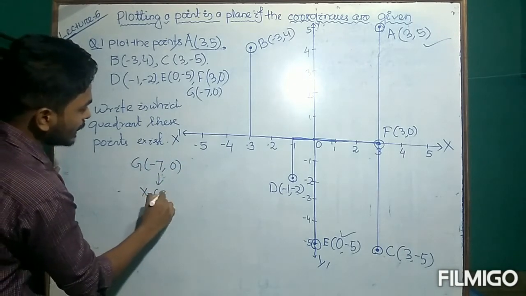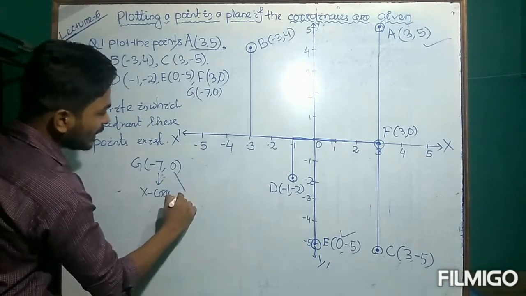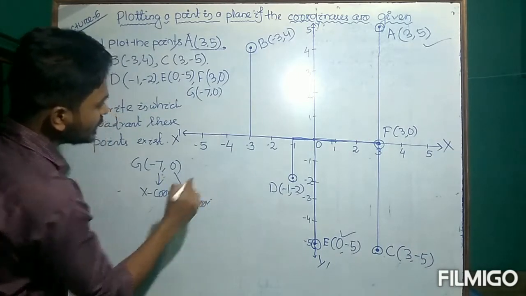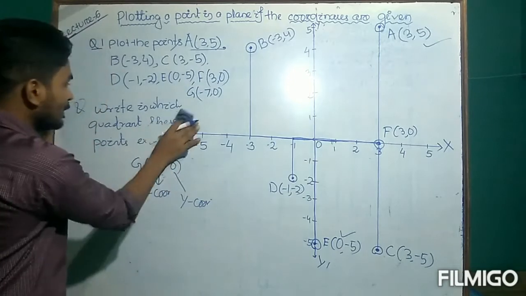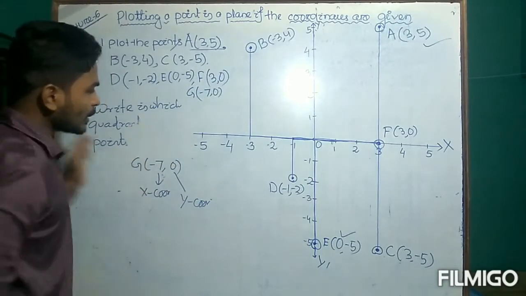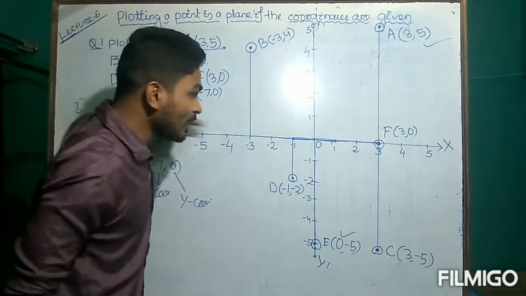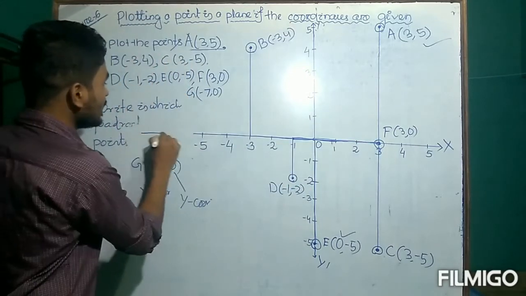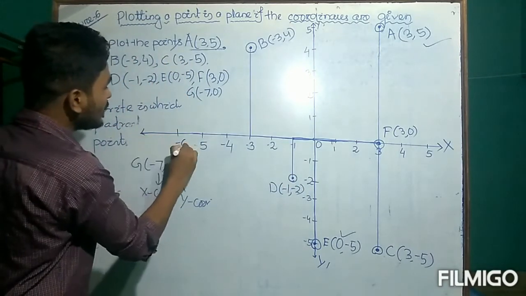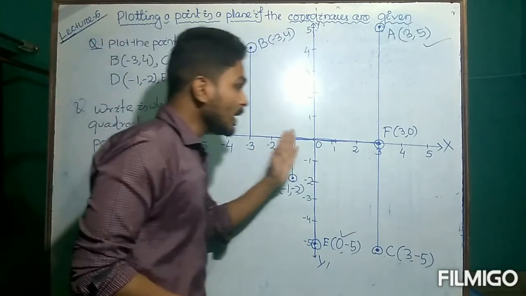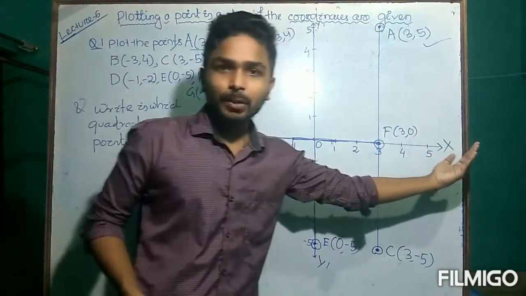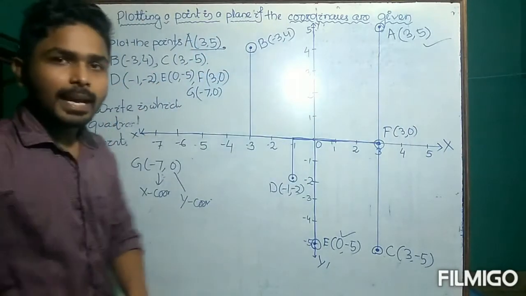Next, G (-7, 0). Here the x coordinate is -7 and the y coordinate is 0. Since the y coordinate is 0, it means the point G should lie on the x-axis, but we do not know whether it is towards the positive direction or the negative direction of the x-axis.